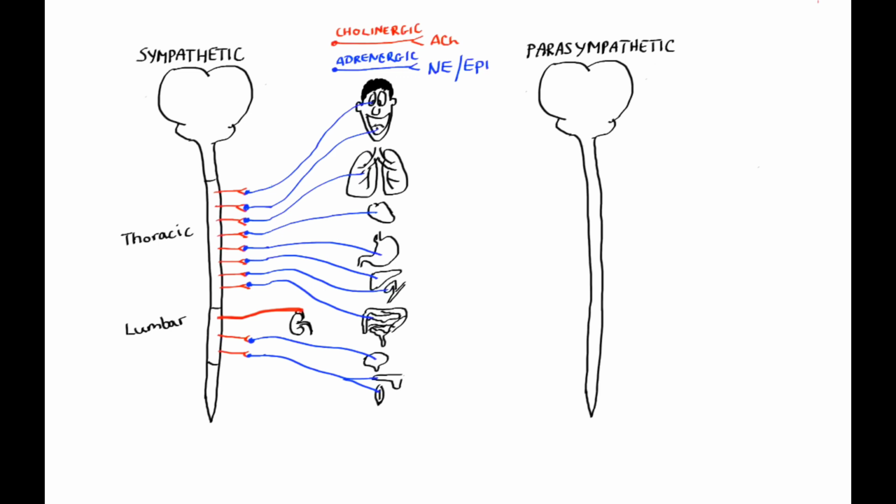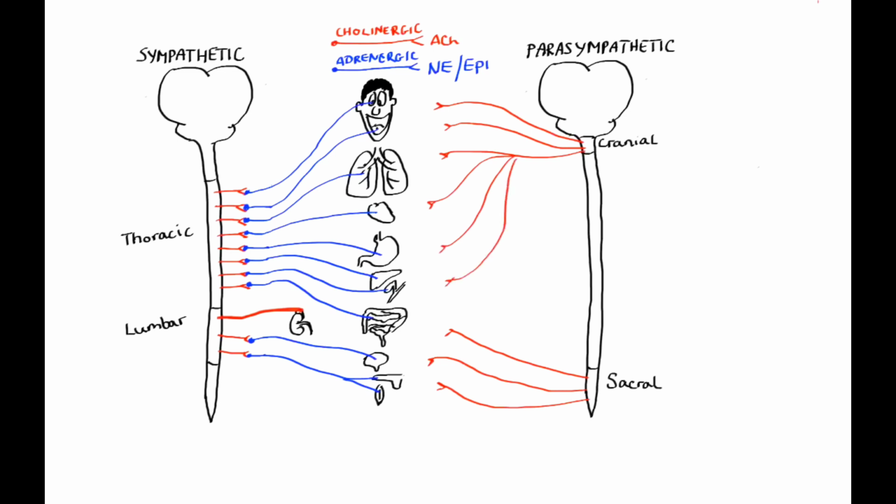And they synapse with postganglionic neurons, which are long and release norepinephrine, so they are adrenergic neurons. For simplicity and to conserve some space, I'm going to skip drawing the sympathetic ganglion, but just keep in mind that there's this chain of synaptic connections of sympathetic neurons that lies alongside the spinal cord.